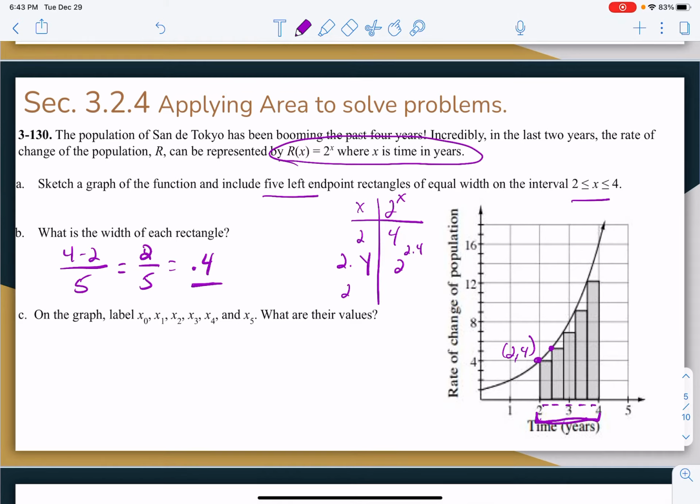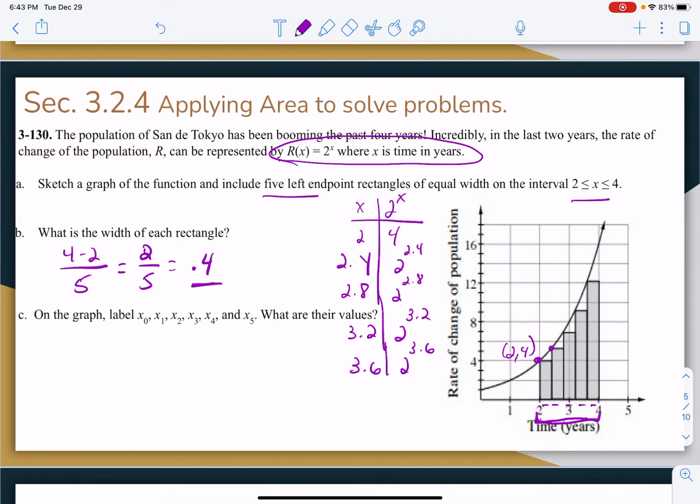And then I'm going to put in a 2.8. And I'm going to get out 2 raised to the 2.8 power. And then put in a 3.2 and get out 2 raised to the 3.2 power. And then put in a 3.6 and get out 2 raised to the 3.6 power.